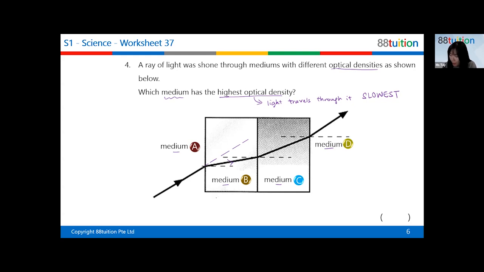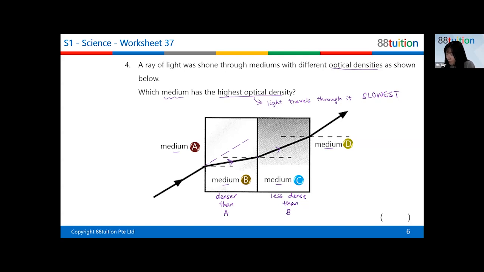So this is denser than A. B is denser than A. When the light actually hits this boundary, can you see the speed of light picked up because it is bending away from the normal? So medium C is less dense than B. Can you see that or not?